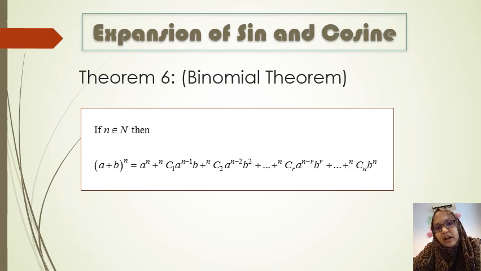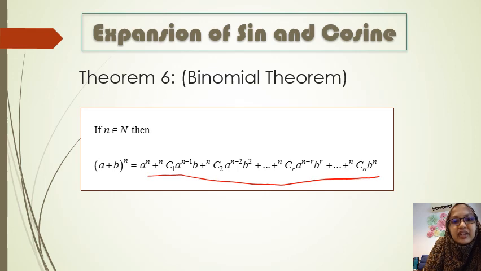Okay, I want to introduce the binomial theorem. If n is an element of the natural numbers, meaning 1, 2, 3 and so on, then (a + b)^n is equal to this formula.